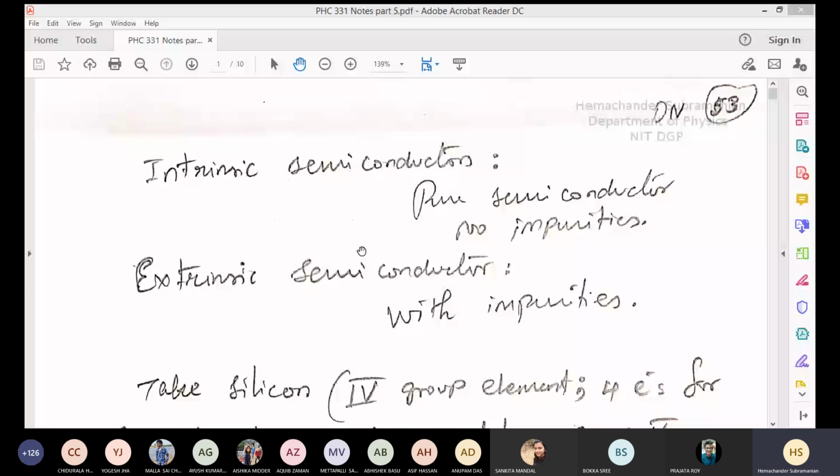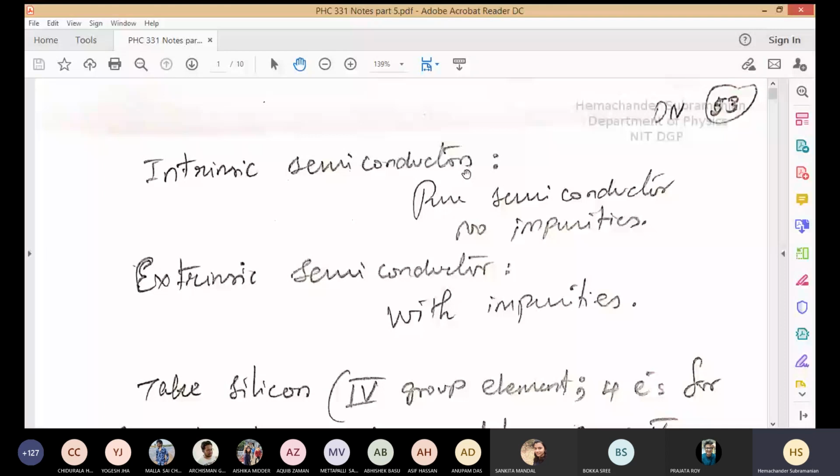So basically, you intentionally dope these systems. You add impurities to these semiconductors like silicon and germanium or gallium arsenide. If it's a fourth group element, let's say silicon, you add a third group element for creating holes, and you add a fifth group element to create electrons.